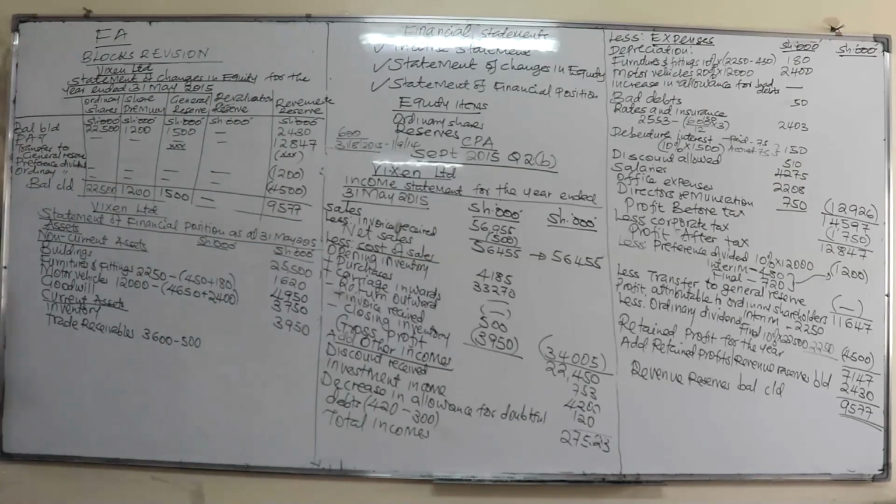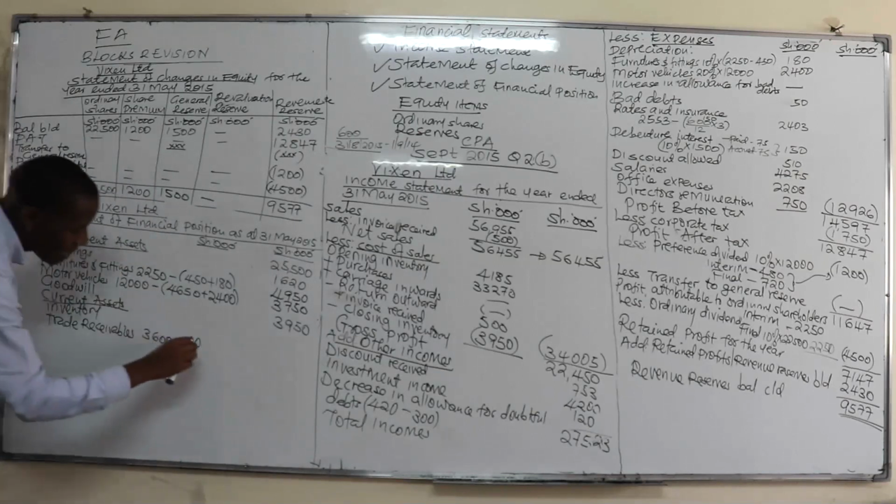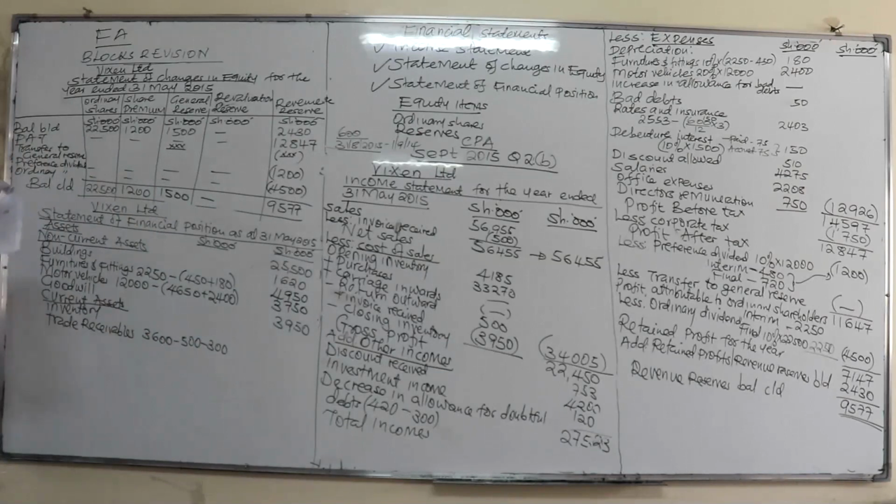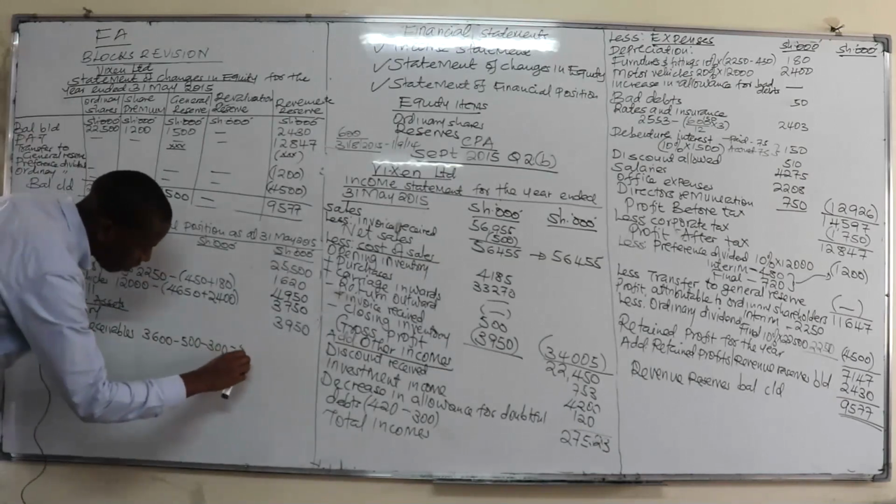Then, when you check also on additional information number 4, allowance for doubtful debts. In this case, there are those that you are not expected to receive, where it was adjusted to 300. So in that case, on additional information number 4, you will less that. And then there was also bad debts that were written off of 50.